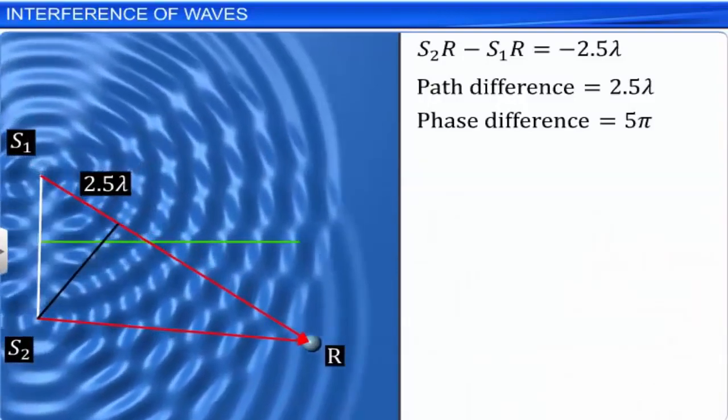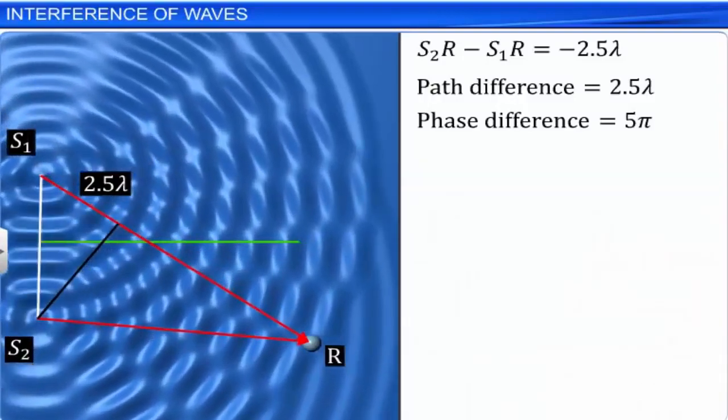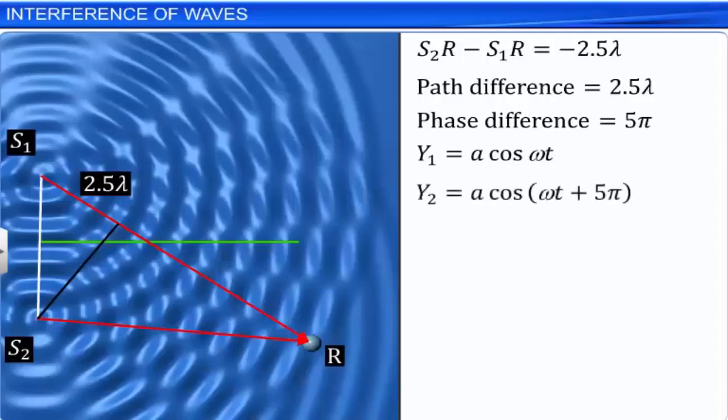Thus, if the displacement produced at the point R due to the waves from the source S1 is given by y1 is equal to a cos omega t, then the displacement due to the waves from S2 will be y2 is equal to a cos (omega t plus 5 pi), which is equal to minus a cos omega t.